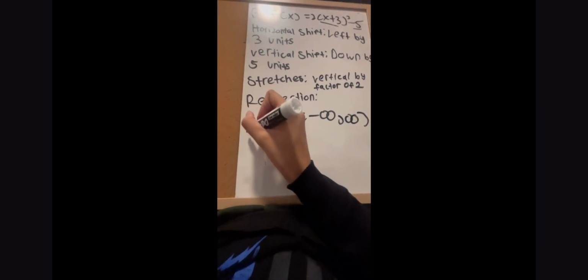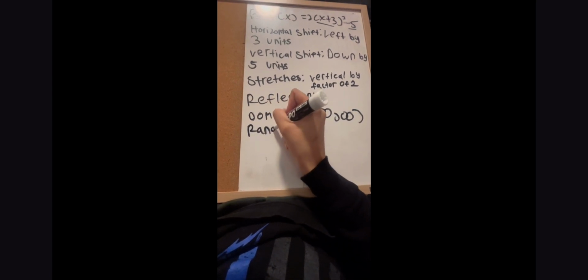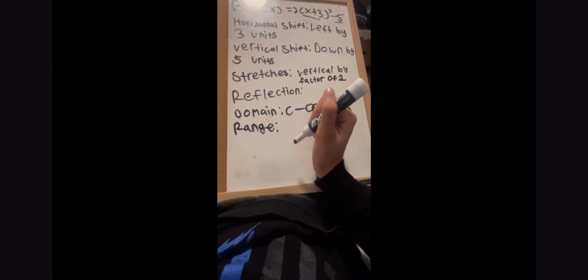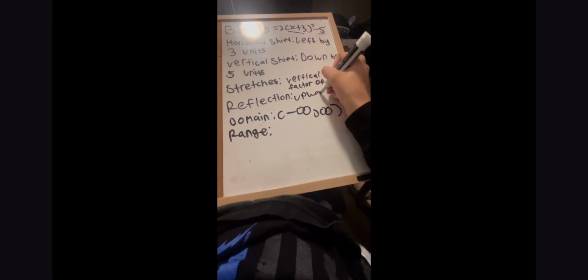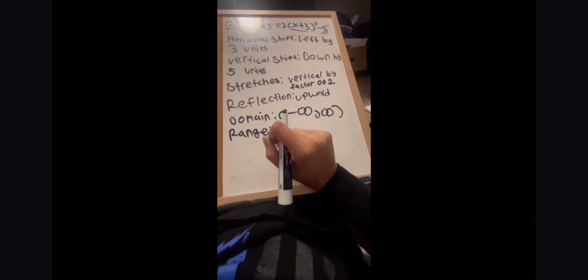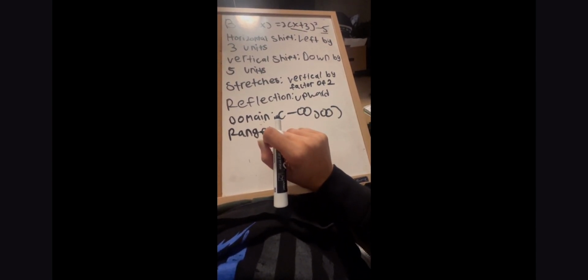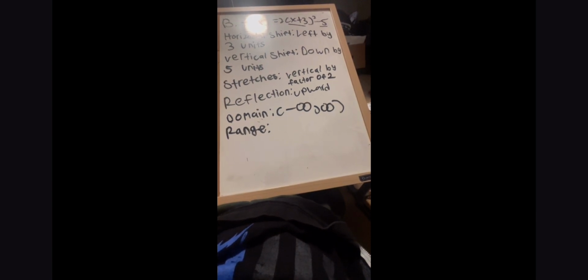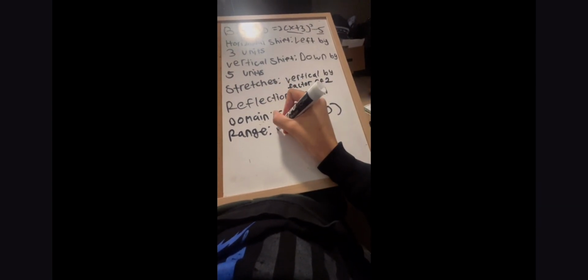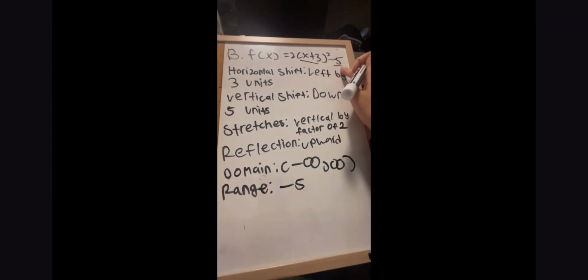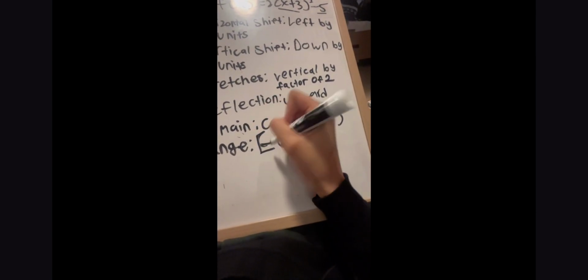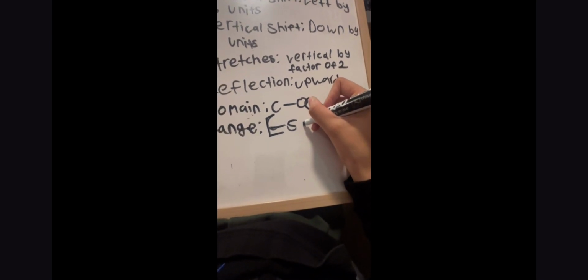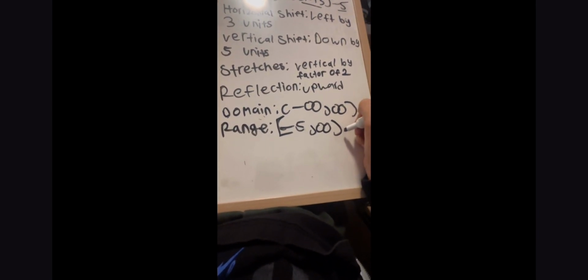And the range, since the parabola opens upward right here, the vertex is the lowest point, it means that the range is going to be -5. As you can see right there's a -5. This is a bracket to positive infinity with the parentheses.